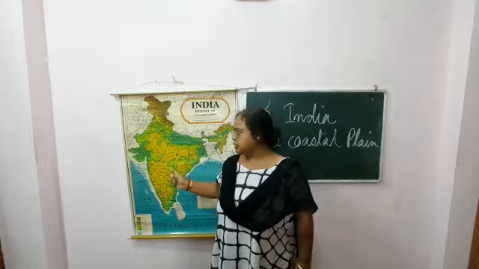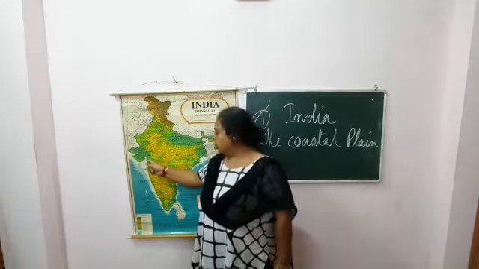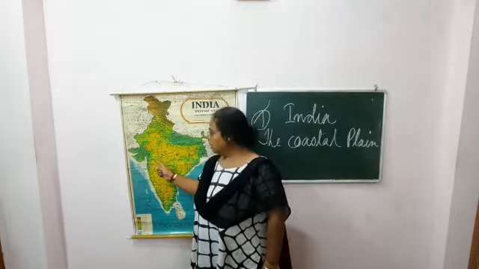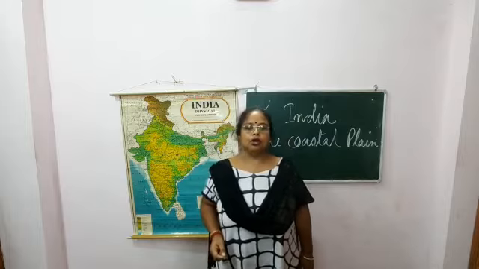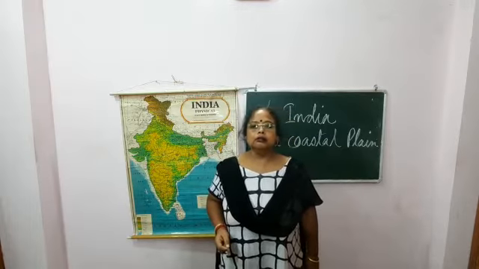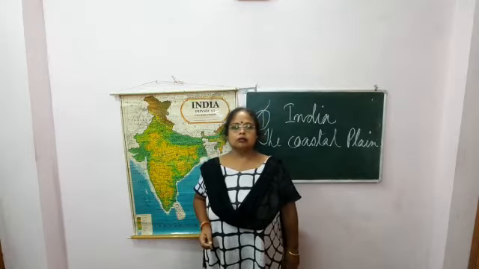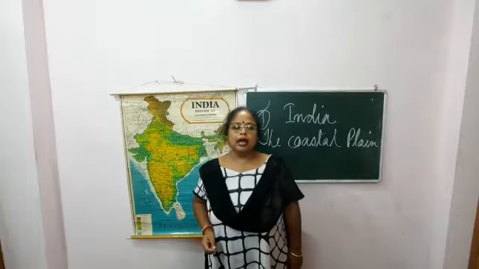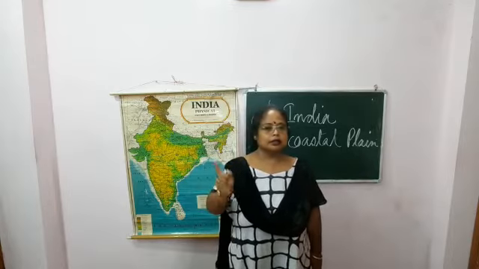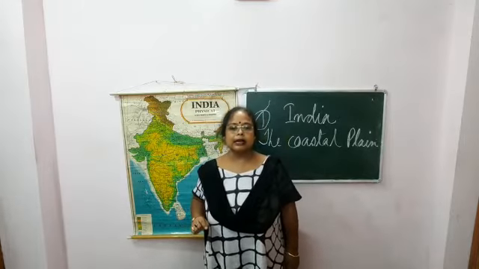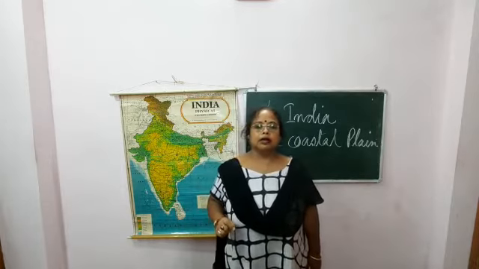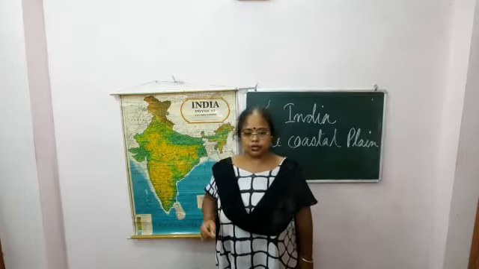And on the western side, two rivers flow, the Narmada and the Tapi. The Zuari and Mandovi rivers also flow here, and these rivers do not make any deltas; they empty into estuaries.